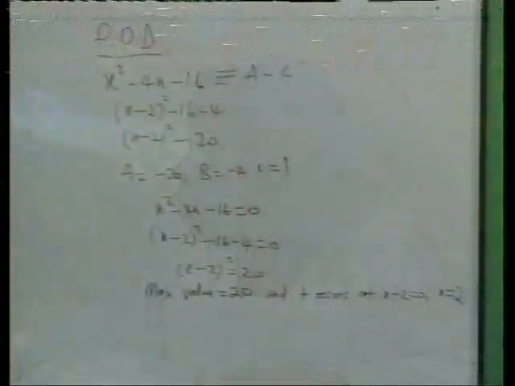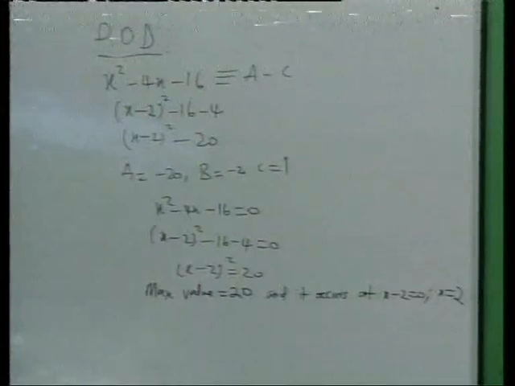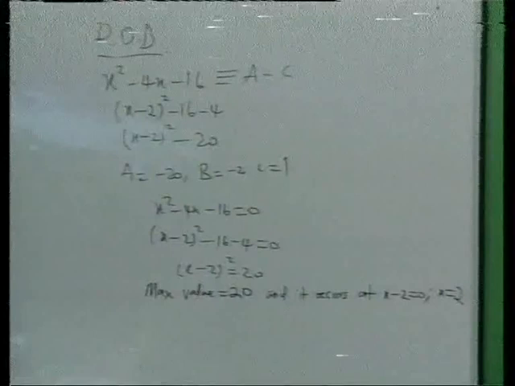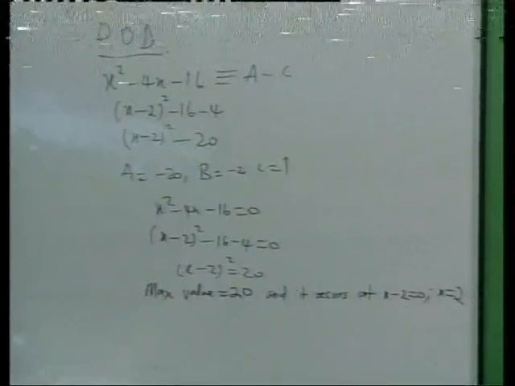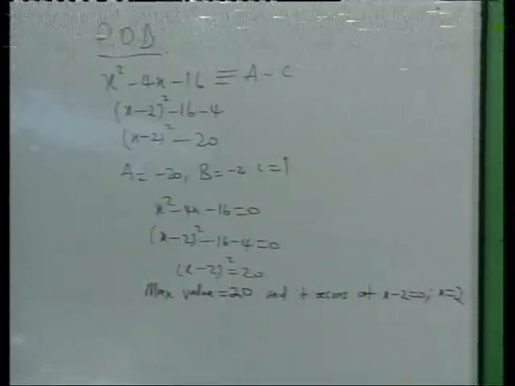Next, they went ahead and found the maximum value for the expression. They got that part correctly, and they realized that the maximum occurs for x is equal to 2. For this bit of effort, they will get 5 marks.